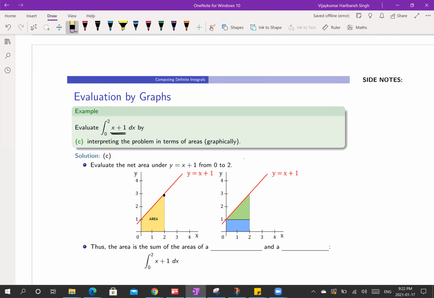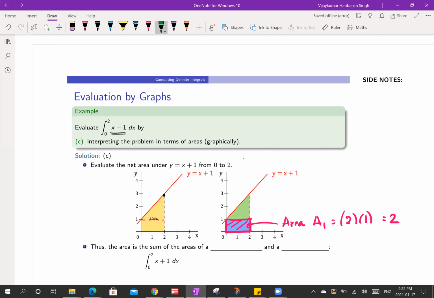Now we need to compute the area of this. Either you apply the formula for the area of a trapezoid, or you can break this into 2 parts. We break it, and we get a rectangle with base 2. Area A1 is base 2 times height 1, which is 2.